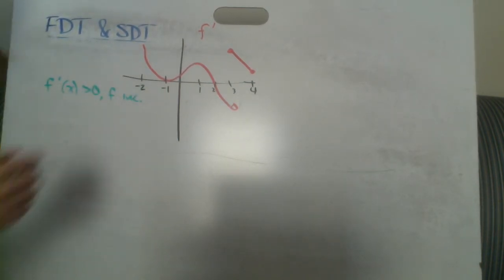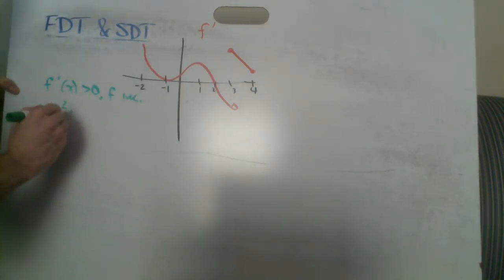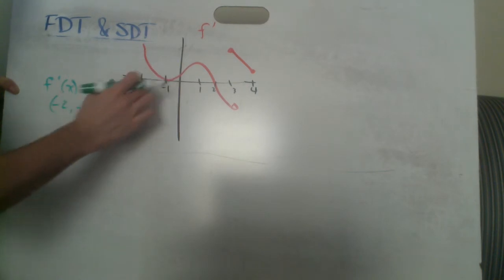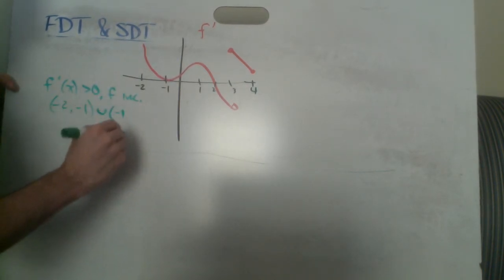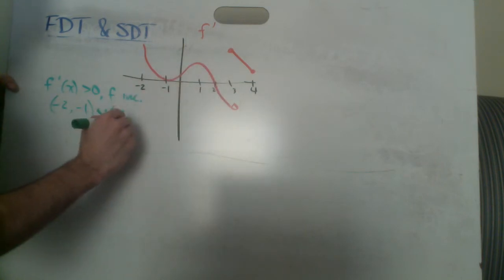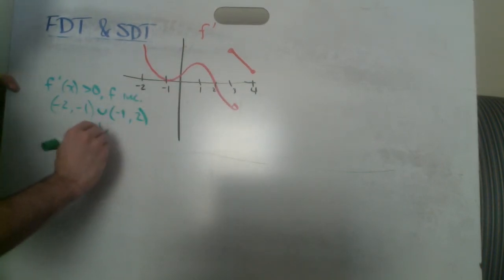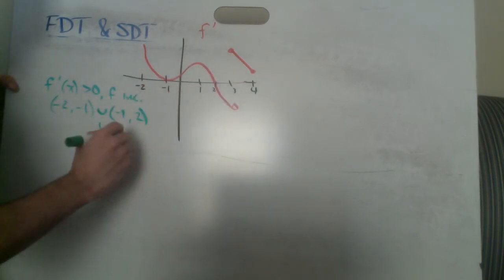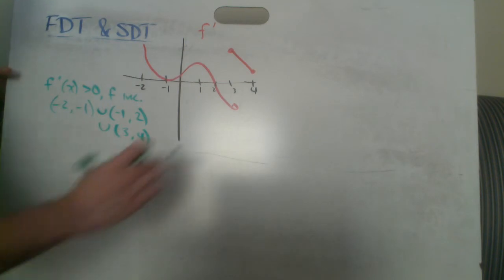And this occurs, well, from -2 to -1. At -1 it's 0, so that doesn't quite work. But then from -1 all the way to 2, we're still positive. And then another interval here, from 3 to 4, we're also still positive.